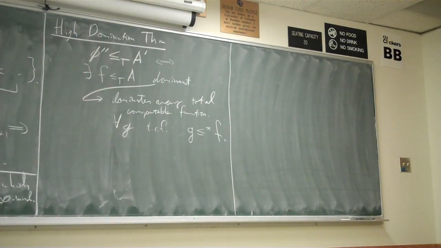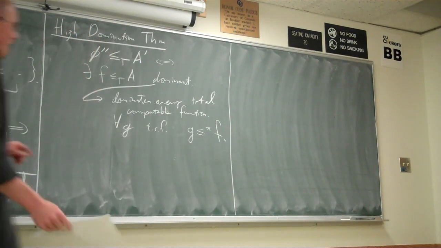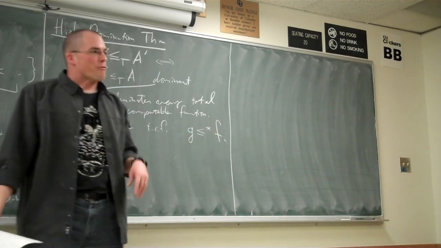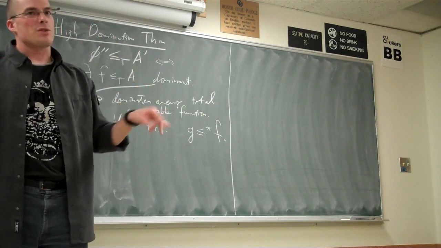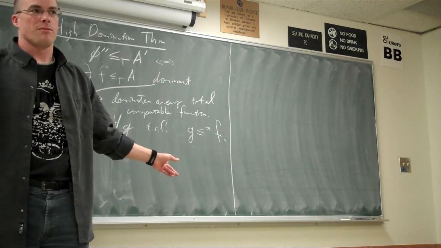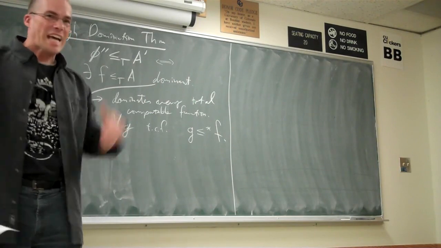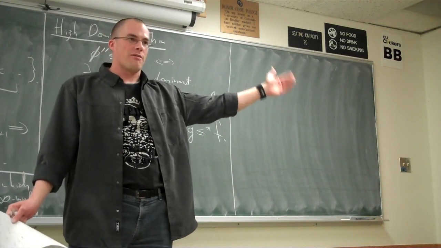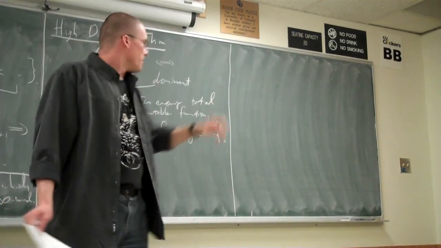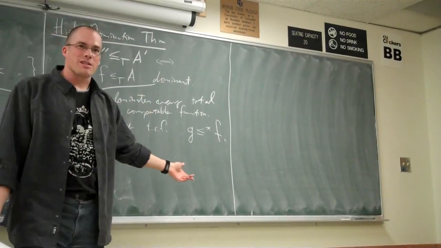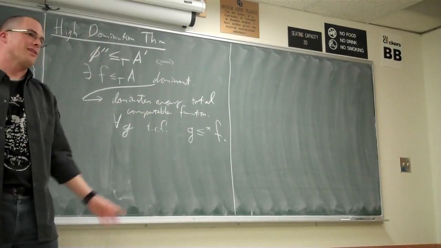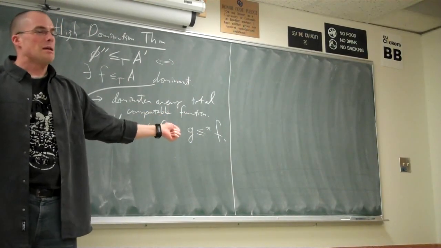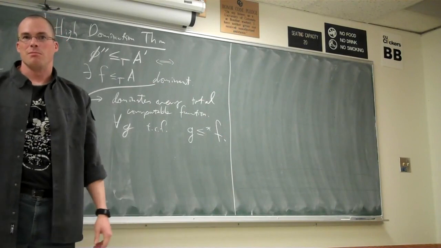Now, if you didn't know what dominant means, then this is probably not going to help you. But G less than or equal star F meant for all but finitely many input values, F is greater or equal to G. Or equally, there exists a natural number such that for all larger natural numbers, F is greater than G. You want to think of this as F is greater than G up to finitely many exceptions.